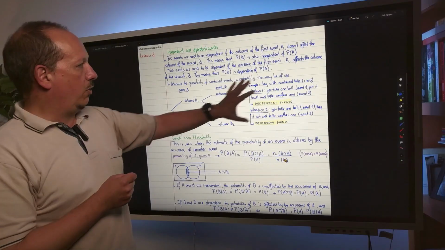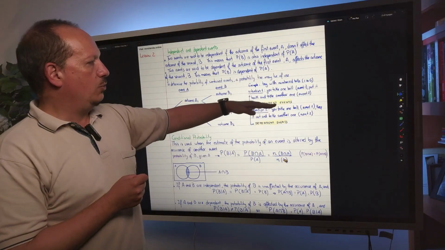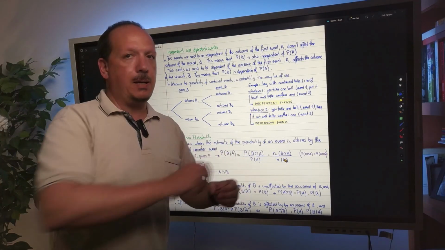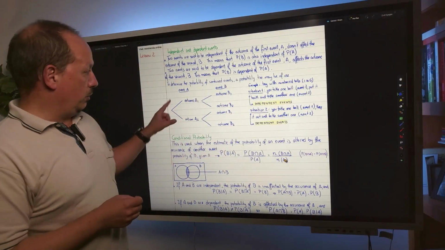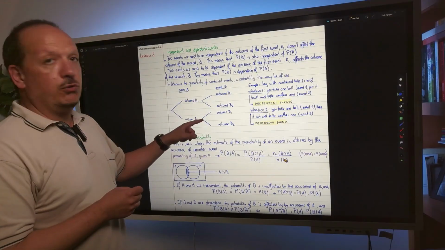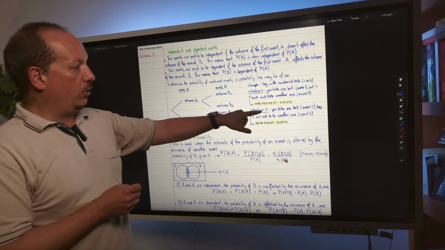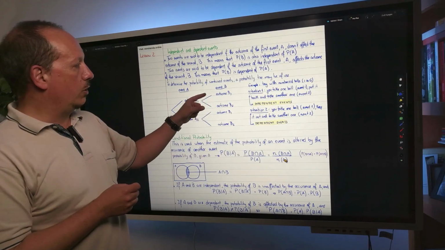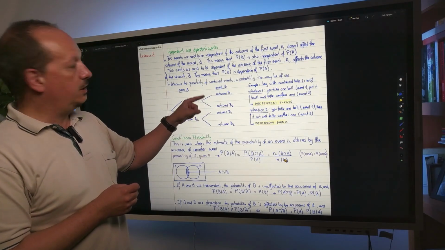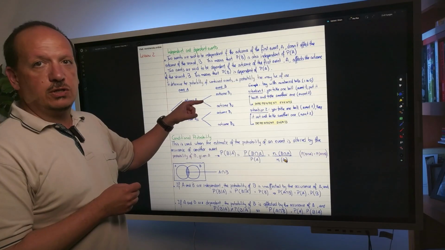That is for the case where you would put the ball back in. If you would keep the ball out, then the probability over here would be the same, but over here would be different because you would have only 4 balls left. So the probability of getting a 4 would be 1/4 and 3/4 for not getting it.